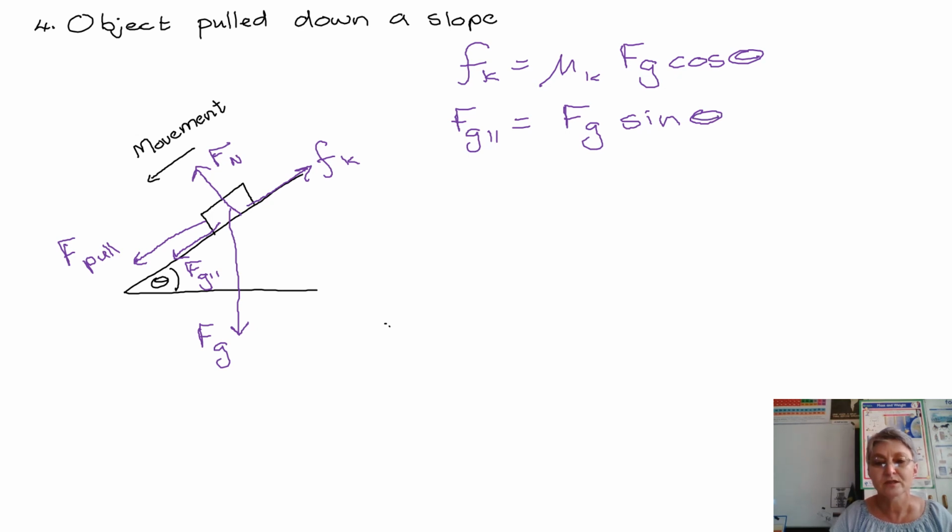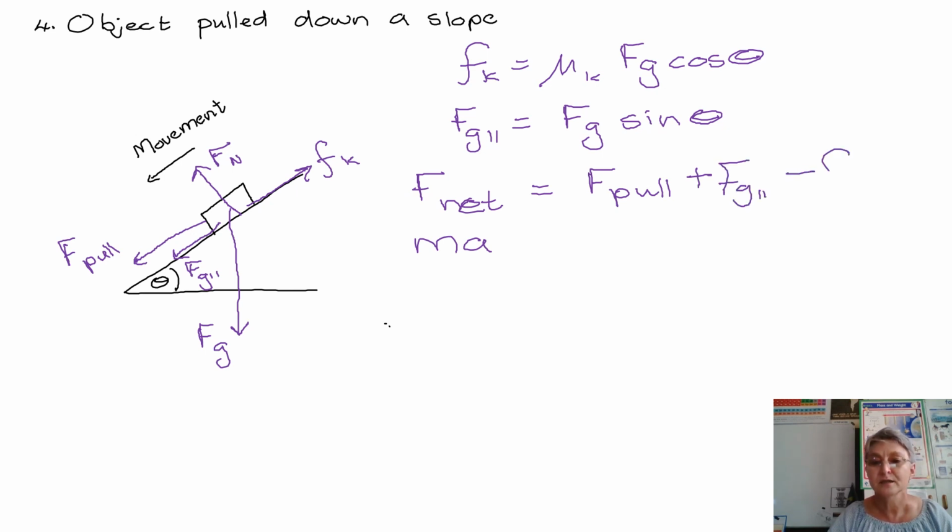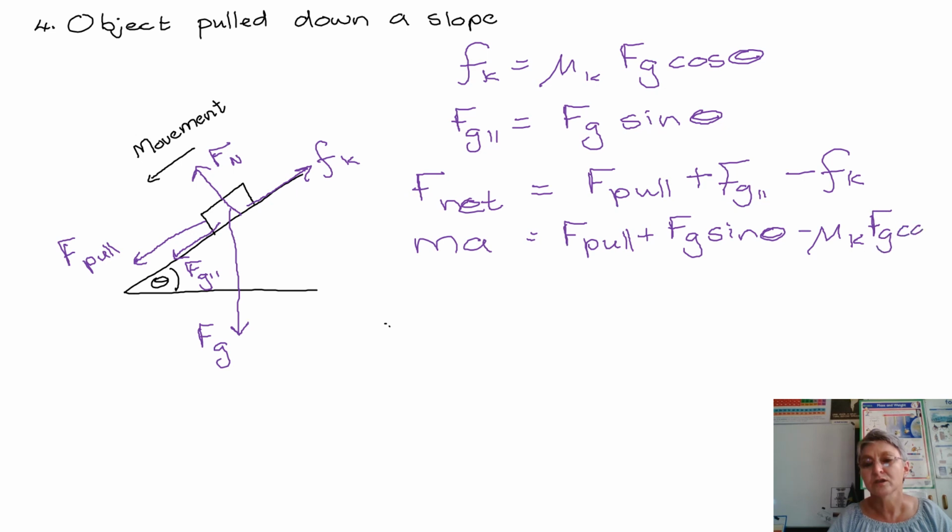We don't know whether this thing is accelerating or moving at a constant velocity, but the F net remains ma, but it's also the F pull plus the Fg parallel minus Fk, because it's in the opposite direction. So F pull plus the Fg parallel, which is Fg sine theta, minus the mu k Fg cos theta.